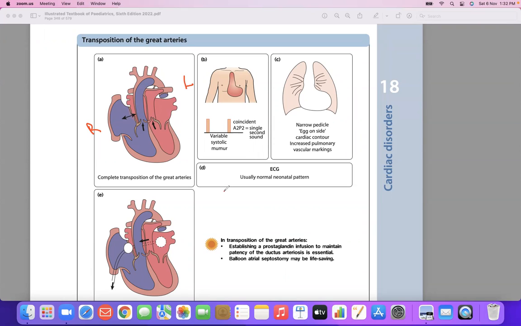So here, this is the picture of how they are doing. They are making an opening between the two atria. This point is very important. In transposition of great arteries, establishing a prostaglandin infusion to maintain patency of ductus arteriosus is essential. Balloon atrial septostomy may be life-saving.